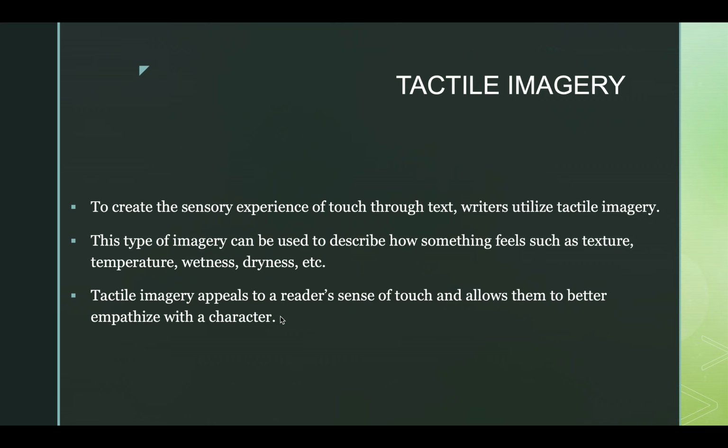So if you're describing an Amazon rainforest and you're talking about the sweltering heat, the sweat dripping down my face, which is also a visual combined with the tactile, it's almost as though you can feel the heat, you can feel the sweat dripping down. And that has to do with the tactile imagery.